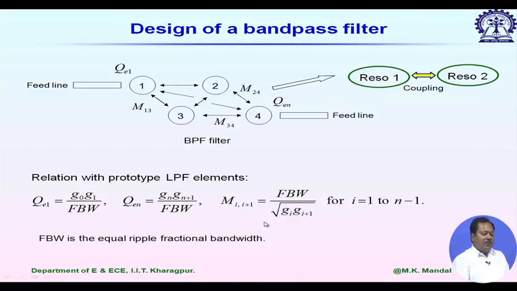So, FBW divided by square root of Gi multiplied by Gi+1, where i varies from 1 to n minus 1. So you see that if we need higher fractional bandwidth, or a wideband design, we have to obtain higher coupling.